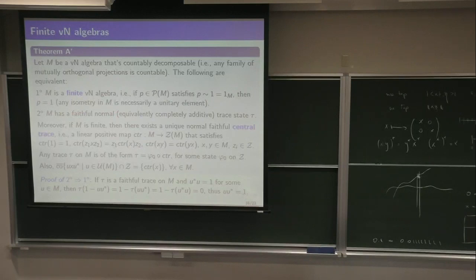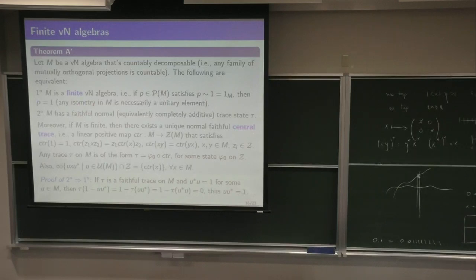Any isometry is necessarily a unitary element, which is equivalent to the fact that M has a faithful normal trace state, or equivalently a completely additive trace state. So you have this equivalence, okay? And moreover, if so, then there exists a unique normal faithful central trace. I don't think we will need it this week, but it's good for you to know.